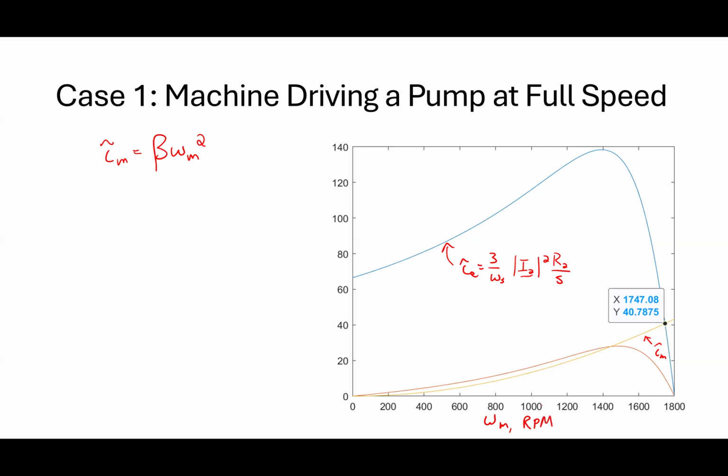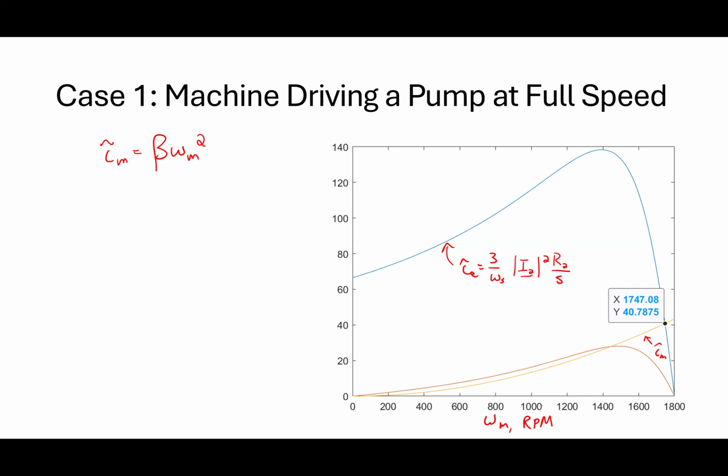So what's the synchronous speed in RPM for this machine? Looking at that picture, not telling you anything about how many poles or whatever it is, you should be able to look at that picture and know what it is. 1800.